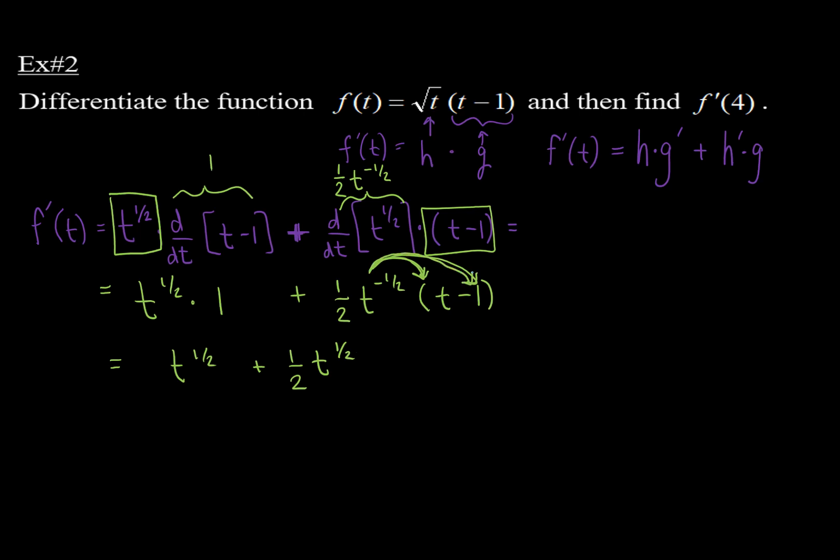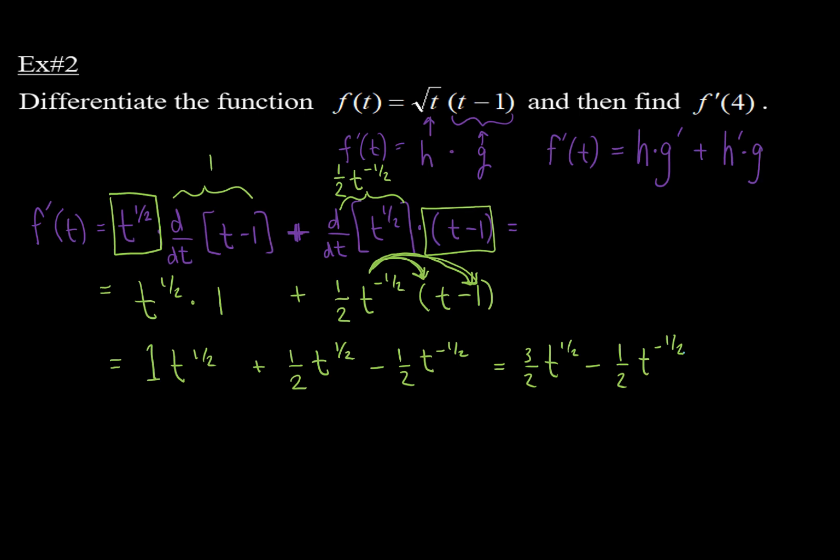And then I need to multiply this by negative 1, so I'm going to get negative 1/2 t to the negative 1/2. Now I'm just going to combine like terms. I've got 1, remember this is like an invisible 1 here, 1 t to the 1/2 plus 1/2. This is going to give me 3/2 of t to the 1/2 minus 1/2 t to the negative 1/2.